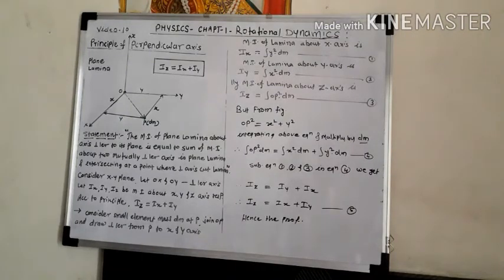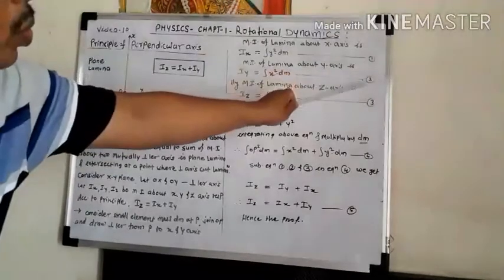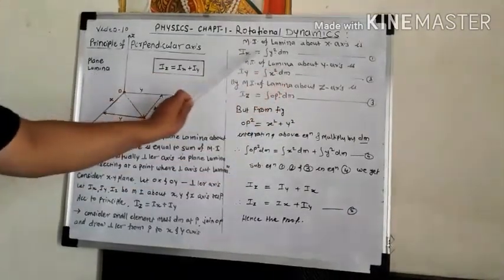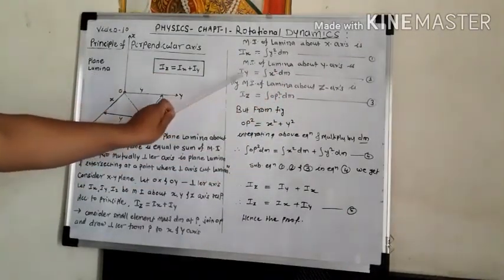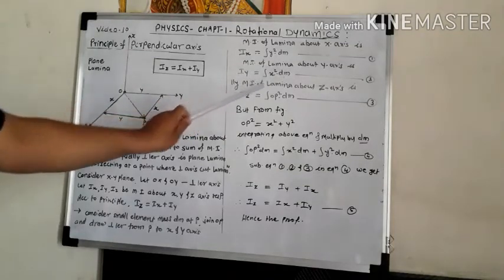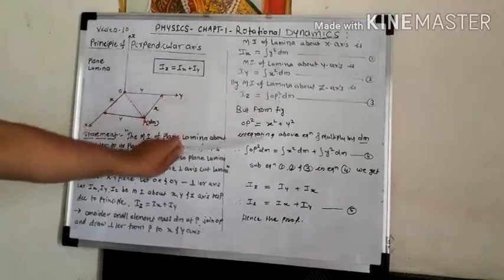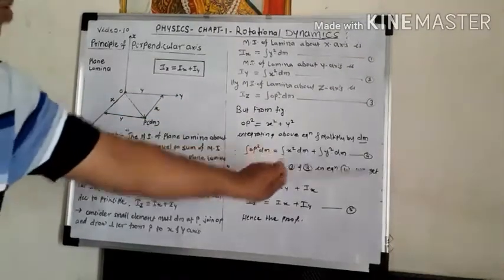Now substitute equations 1, 2, 3 in equation 4. We can substitute Ix as integration of y square dm, Iy as integration of x square dm, Iz as integration of OP square dm. These values can be substituted in equation 4.